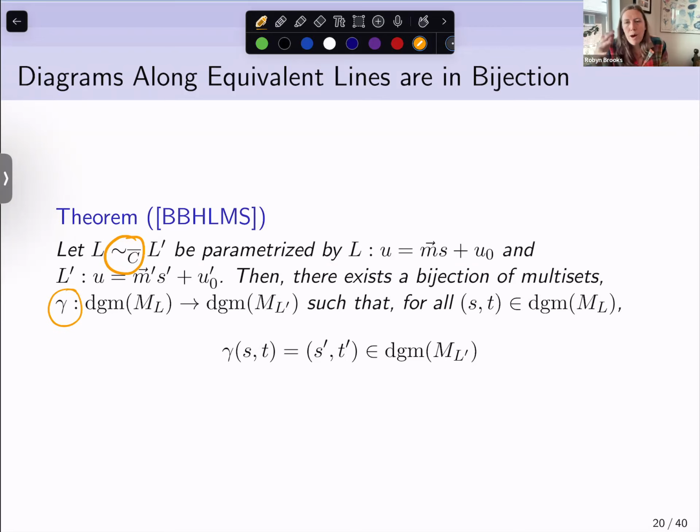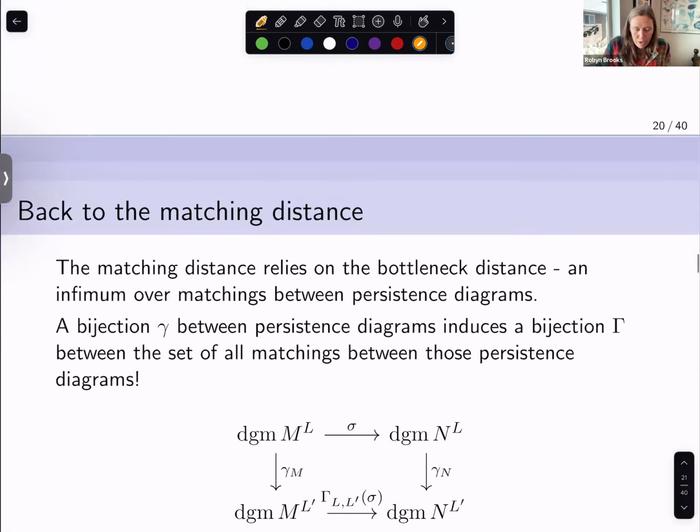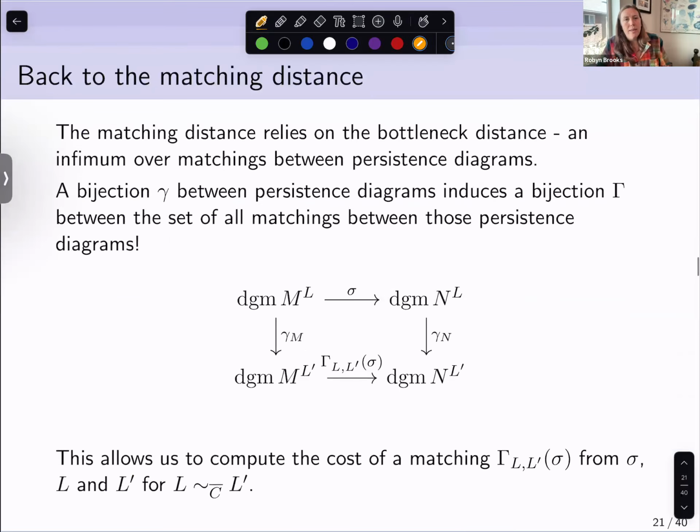So cool, why am I telling you all of this? Well, if we go back to the matching distance, this is the supremum over the weighted bottleneck distance. Bottleneck distance is an infimum over cost of matchings between persistence diagrams. It turns out that we can extend this bijection gamma between persistence diagrams to one between matchings of persistence diagrams.